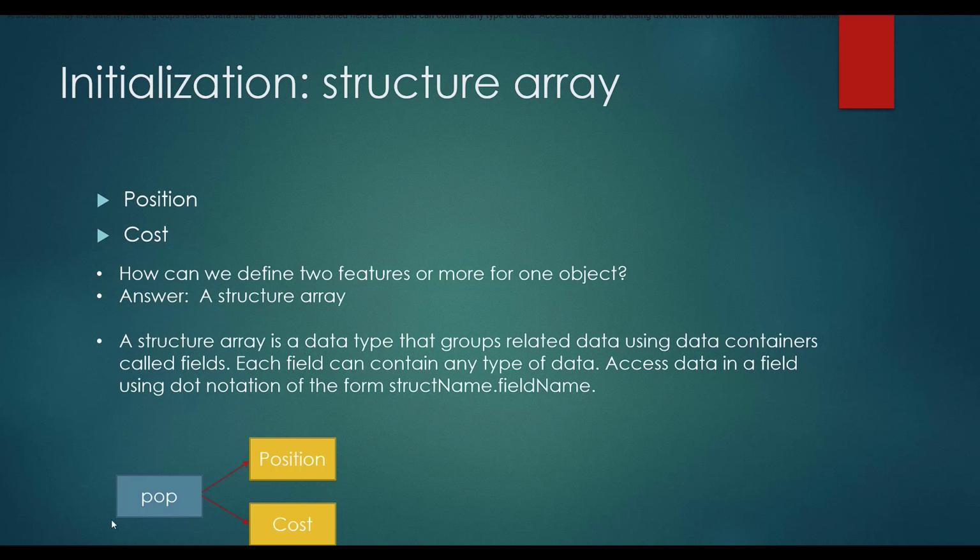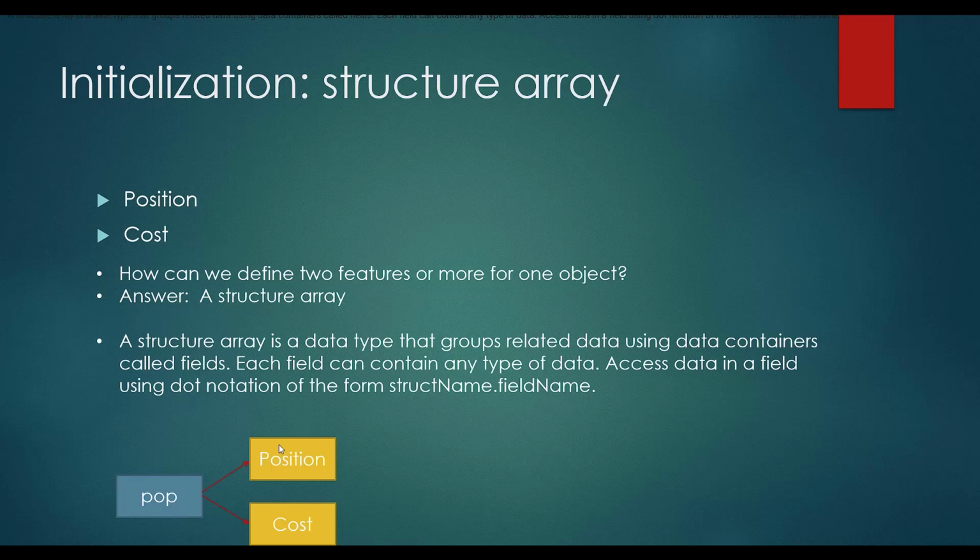The pop has two different features: the first one is the position, where we store our solution, which can be a binary variable, and the second one is the fitness function, which is directly related to our position. So we evaluate this position and store the fitness value into the cost.